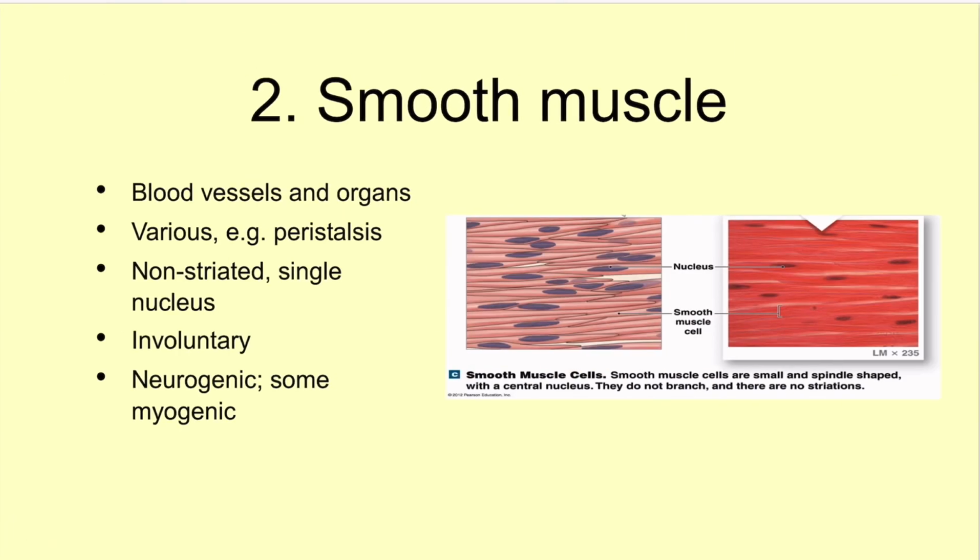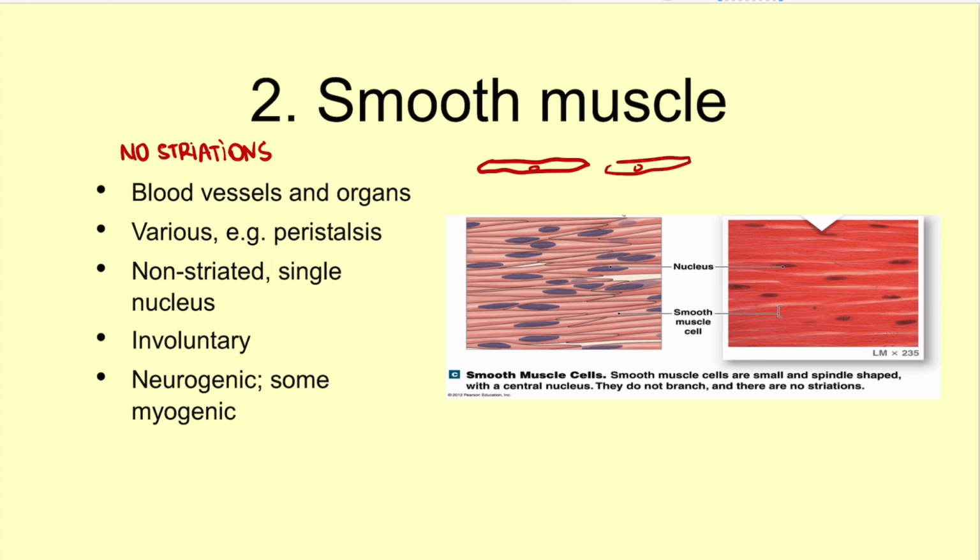Smooth muscle, on the other hand, is called smooth because it has no striations. And to me, they just look like little worms. Like if I were to just draw them, I would just draw it like this. And we find them around our organs, like our uterus, around our blood vessels, around our intestines, for example.